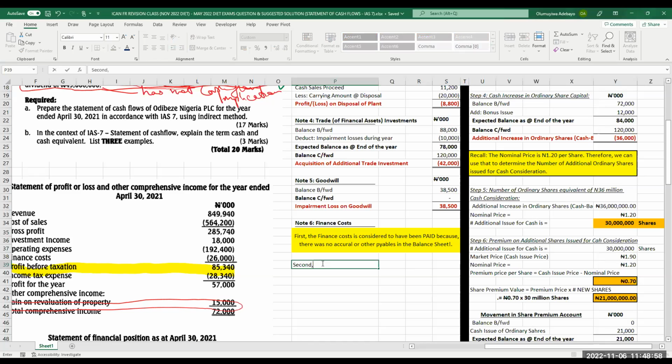Second is that the finance cost can be broken down into two components. That is, the component of preference dividend paid to preference shareholders.